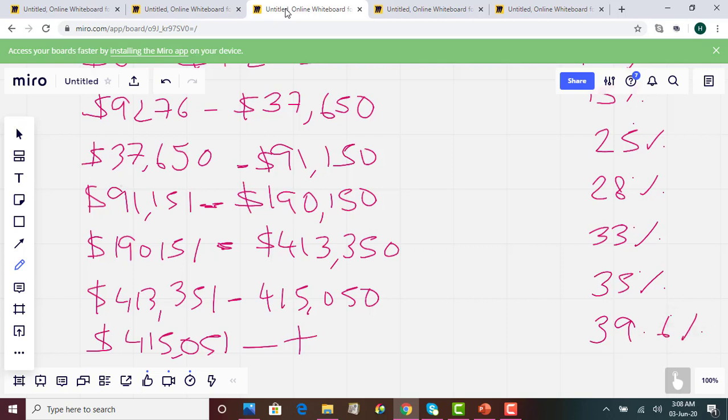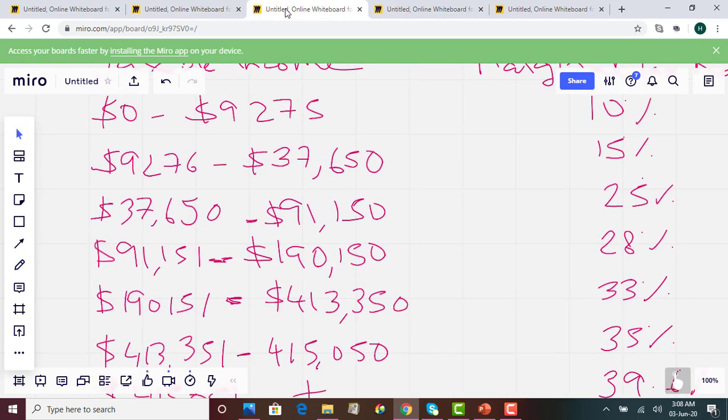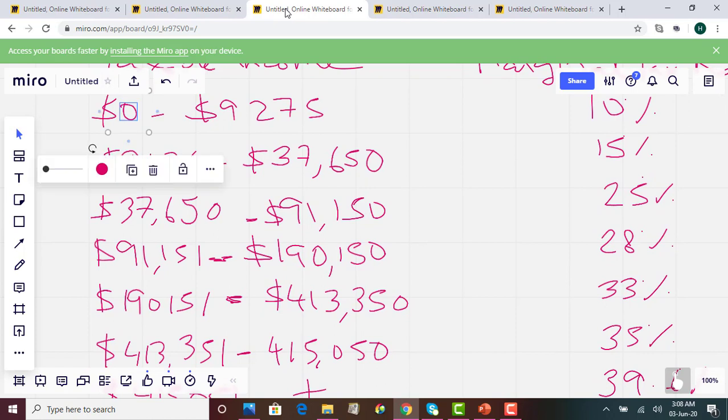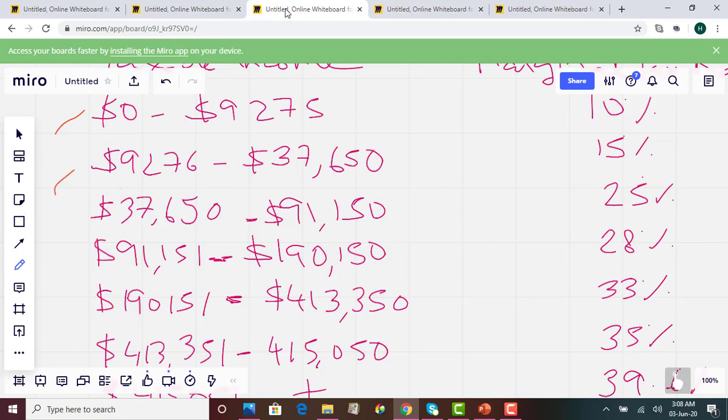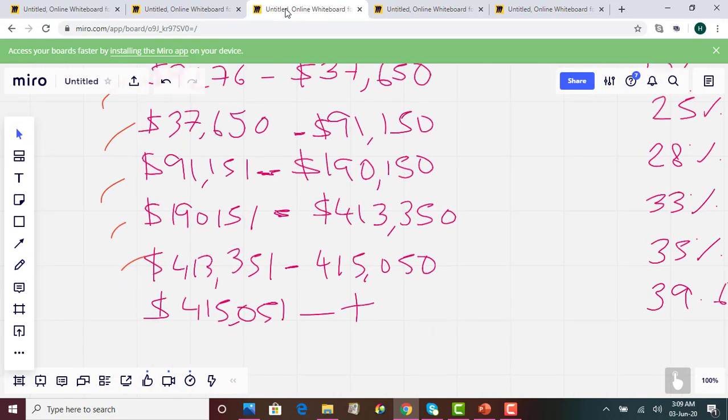Again, remember in the slide I just said there are 7 tiers of income, or 7 levels of income. If you see, there are 7. Let me show you. 1, 2, 3, 4, 5, 6, 7, right?